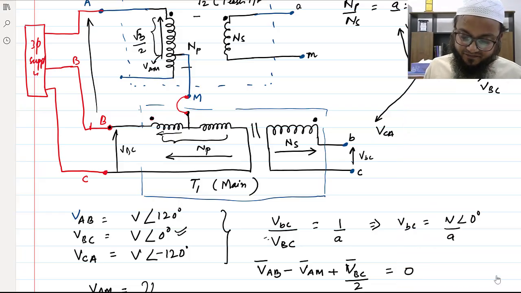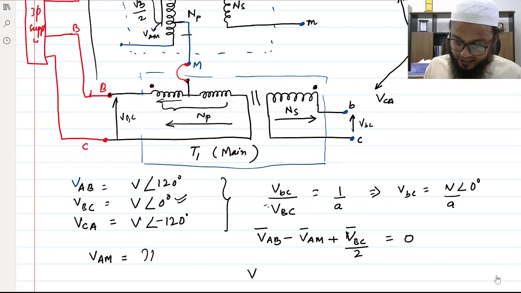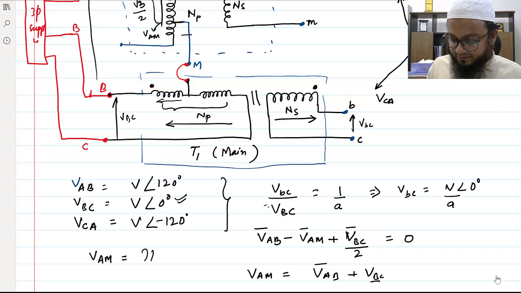Here I have taken minus VAM because there is a drop in the voltage here, and on this side you will have the increase in voltage. So VAM will come out to be VAB plus VBC by 2.